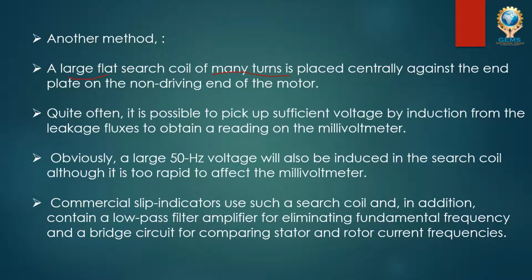And there are some other slip indicators, like a search coil with a low pass filter amplifier. The low pass filter allows only the low frequency, so the rotor frequency, being low, can be identified.